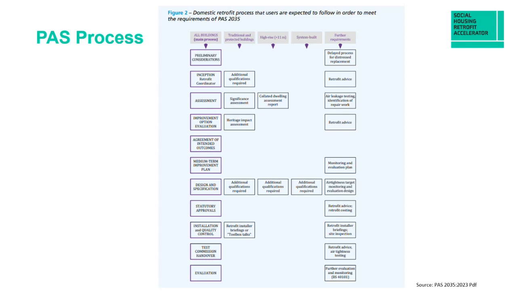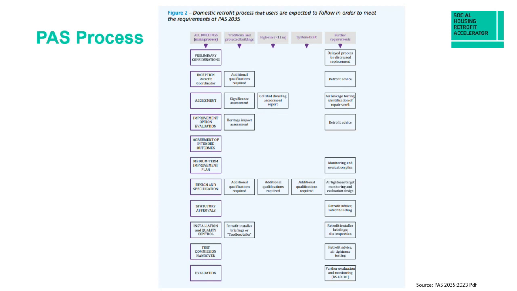The retrofit coordinator will then come up with some improvement option evaluations and provide you with further advice. And between you, you will agree some intended outcomes for the project or the properties that you've identified for retrofit. The coordinator will turn that into a medium-term improvement plan before it moves on to the design and specification stage with a retrofit designer, and we'll cover that in a bit more detail in some later slides.